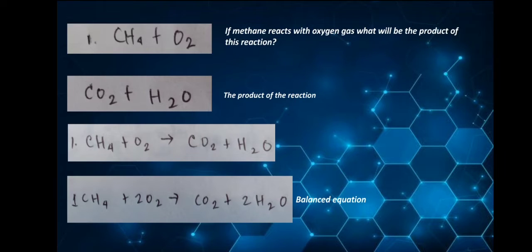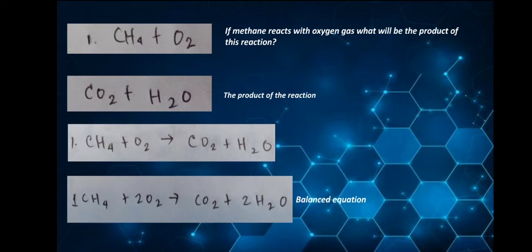Let's try it with these problems. Number 1, we have methane and oxygen gas. If methane reacts with oxygen gas, what will be the products of this reaction? To make it easier to predict a product, bear in mind that if you have a hydrocarbon reacting with oxygen, it is a combustion reaction.